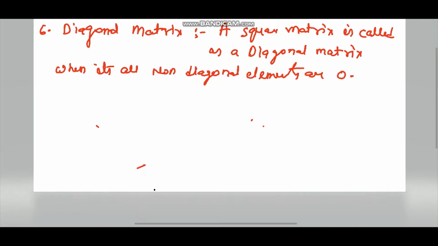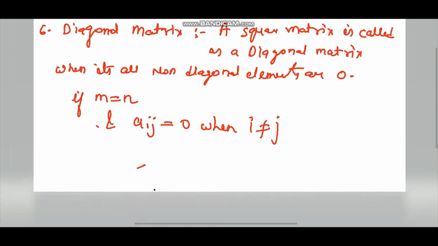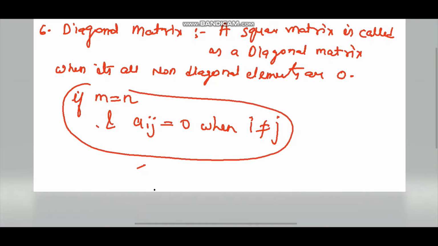In symbolic form we write it as: if m is equal to n, a square matrix, and a_ij is equal to 0 when i is not equal to j.